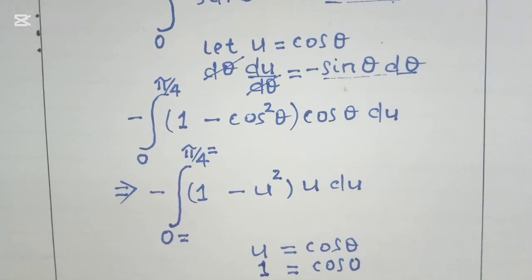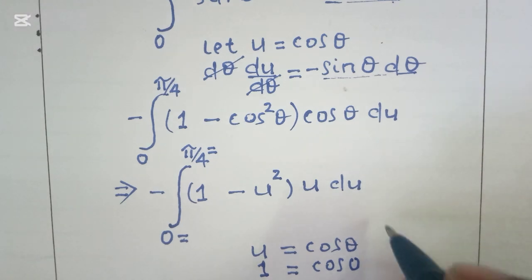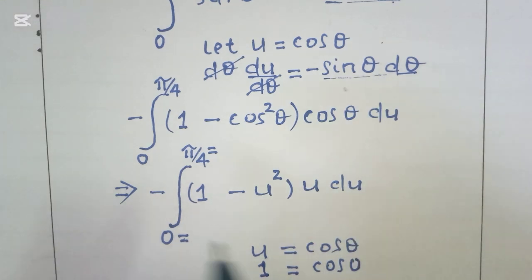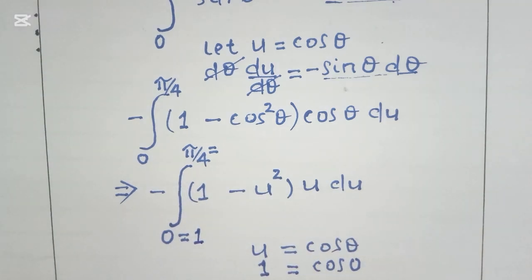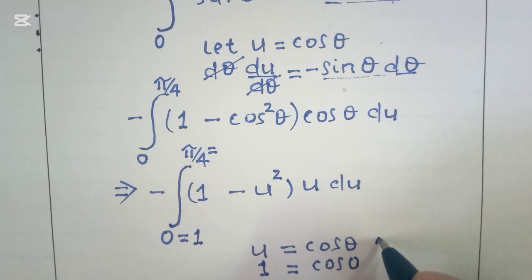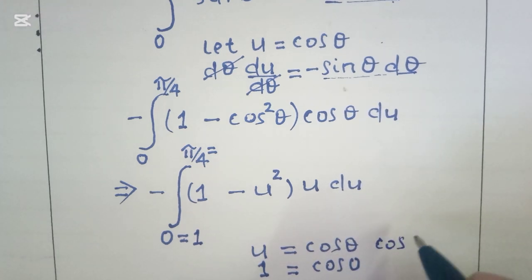And then we'll have pi over 4. So this is 1. And then pi over 4, which is now 45. We shall have cos 45.